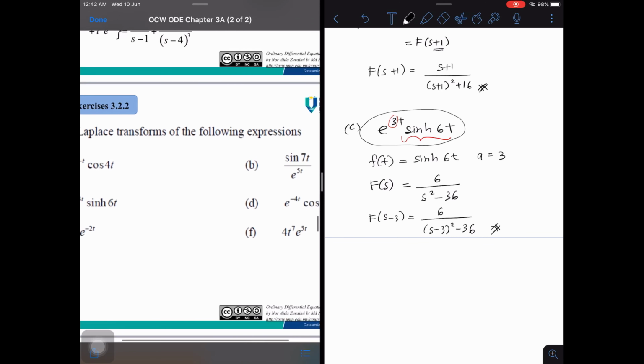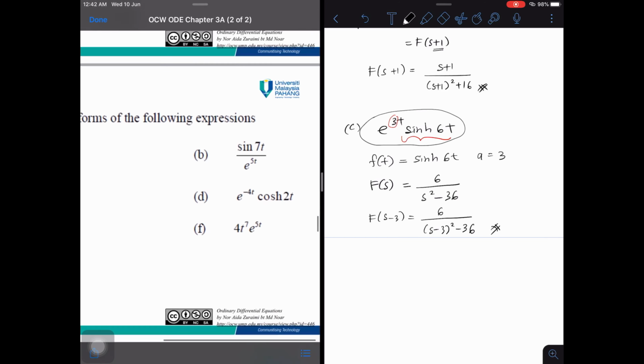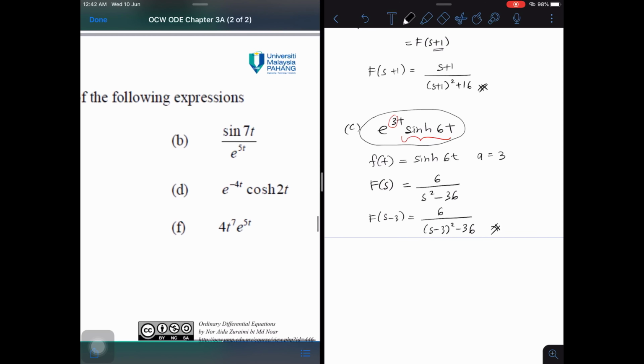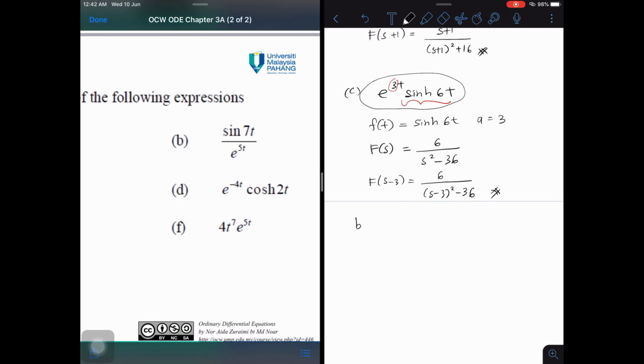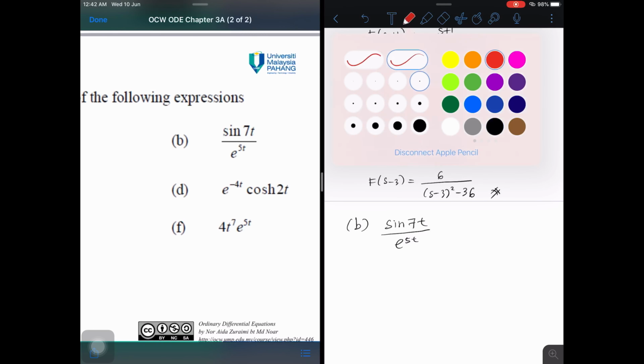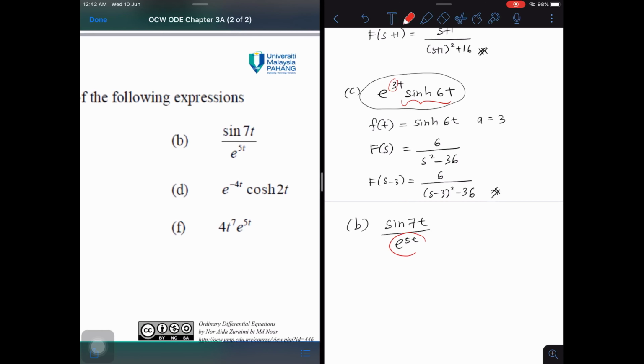Okay class, let's do one more exercise here by using the first shift theorem. Let's see the question B here. In question B, we have sine 7t over exponent 5t. Don't panic when you see this fraction, because you can bring up the exponent 5t here. What will happen is the power of the exponent will be negative.